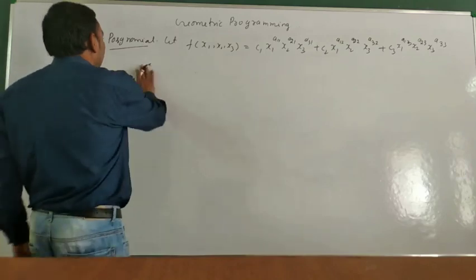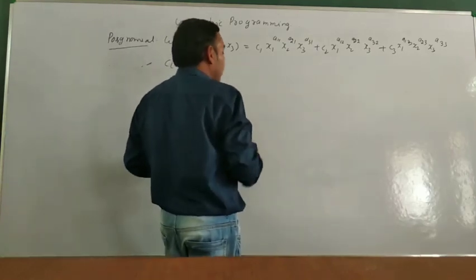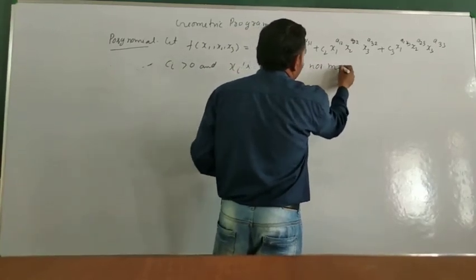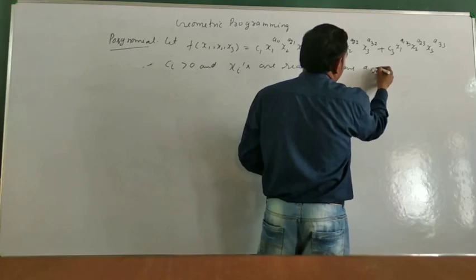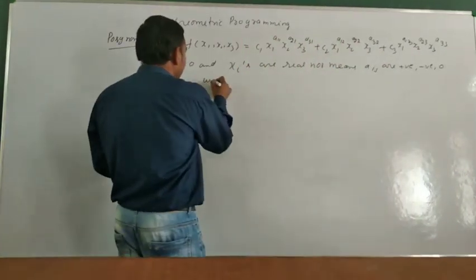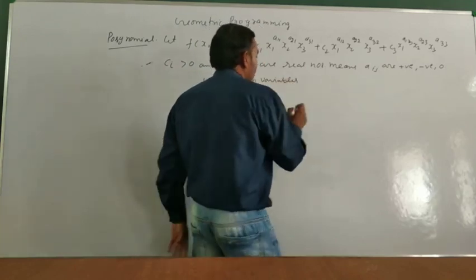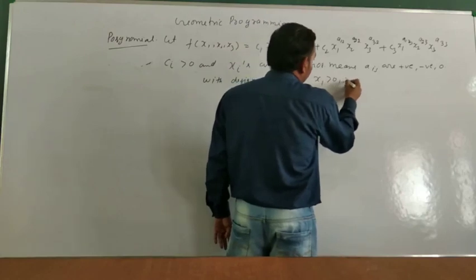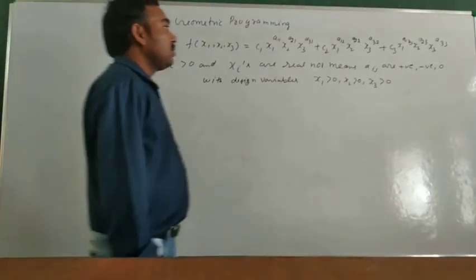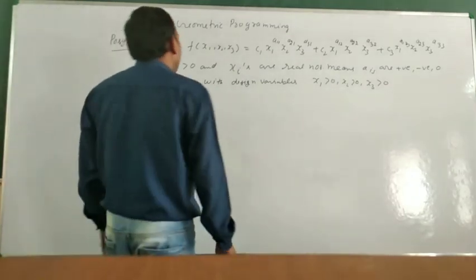In this function, if all c are greater than 0 and all powers of xi are real numbers, meaning all powers aij are positive, negative or 0, with design variables positive, meaning x1 greater than 0, x2 greater than 0, x3 greater than 0, then we say that any function which satisfies these conditions is known as a polynomial.